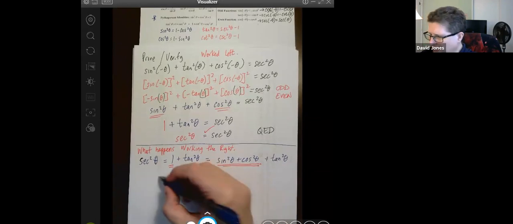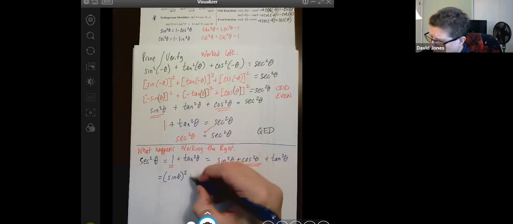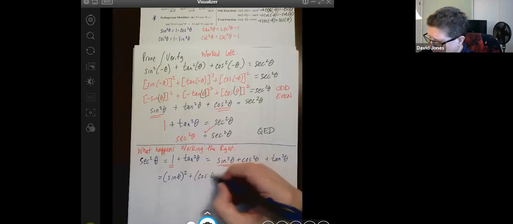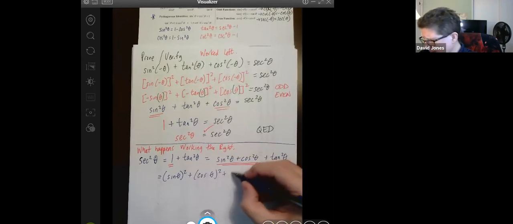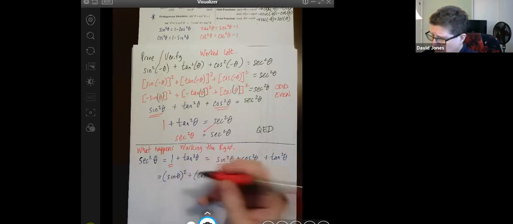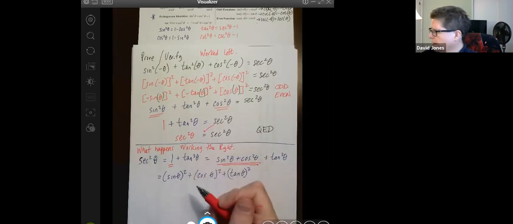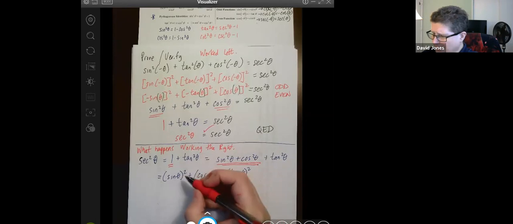And then I need to recognize that this is sine theta squared like that, cosine theta squared like that, tangent theta squared like that. And then I need to be able to recognize that this is the same thing if I make it negative inside.